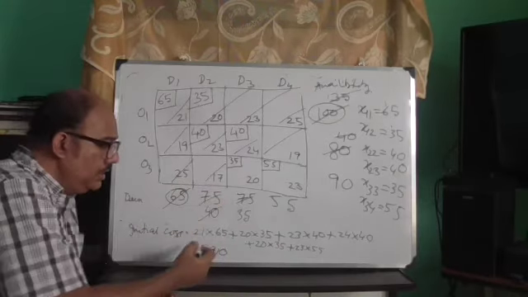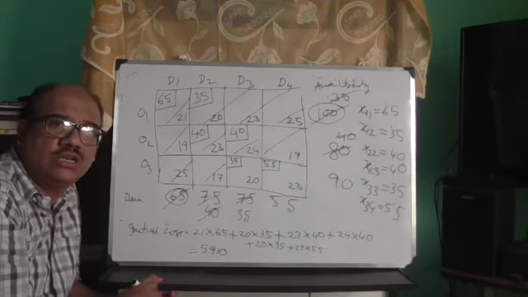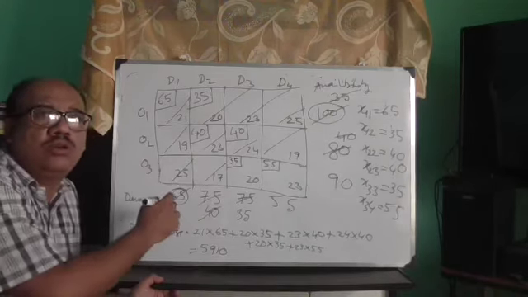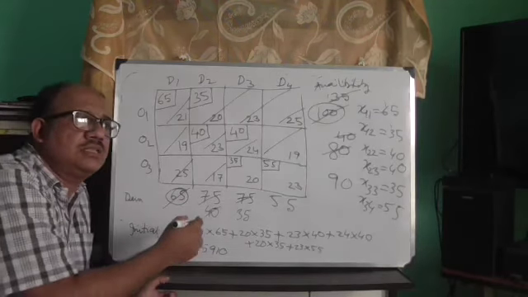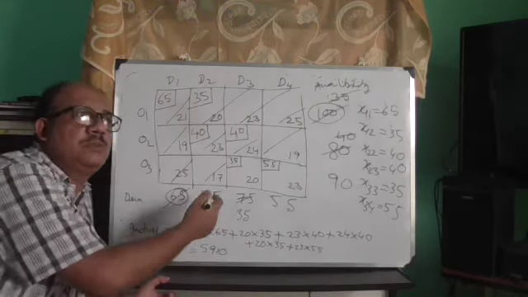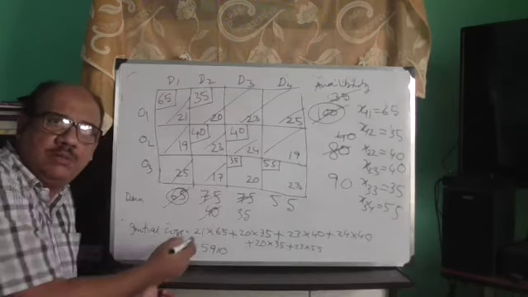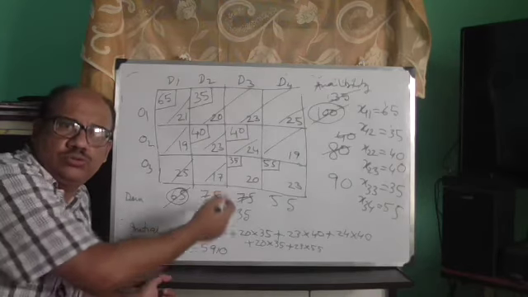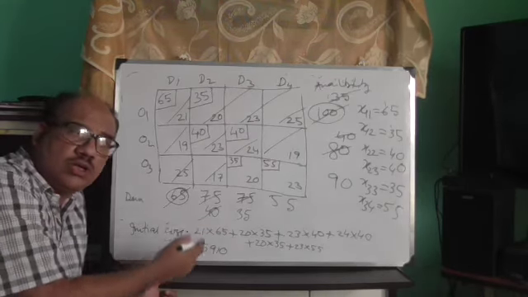This particular method does not follow any mathematical logic, so it is not a very good method to opt for. Students are requested not to use this method, but there are two other methods, the matrix minimum method and Vogel's approximation method. Those two methods are better than this one, so it is better to use them to find the initial cost.